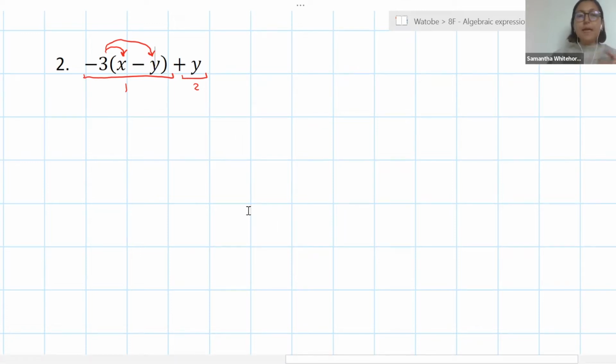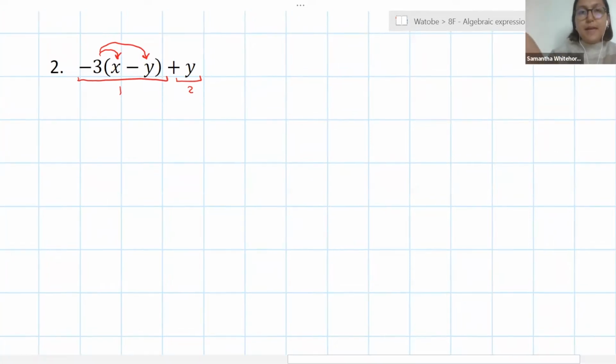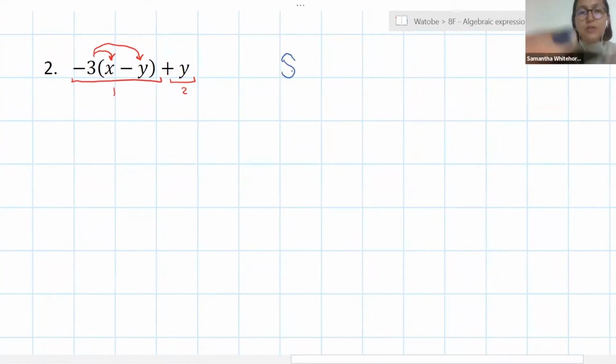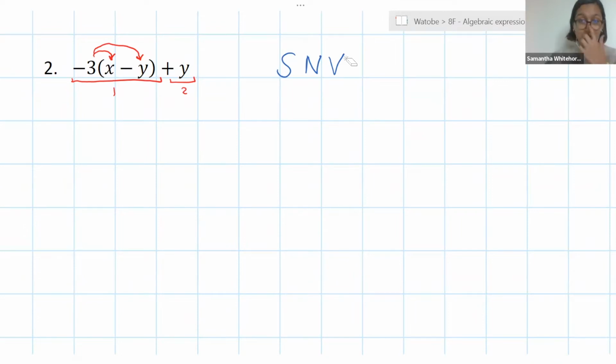Alrighty, so there's a little trick that we can use when we start to multiply or even divide terms or expressions. And the little trick that I use is SNV. It's not like the naughty SNV we see on movies or series. It's a mathematical SNV.